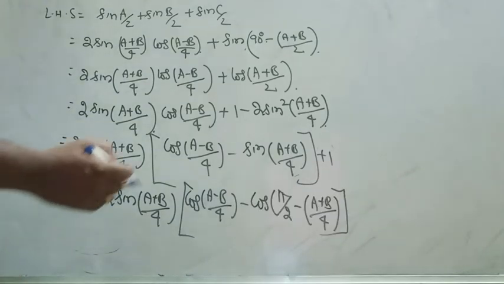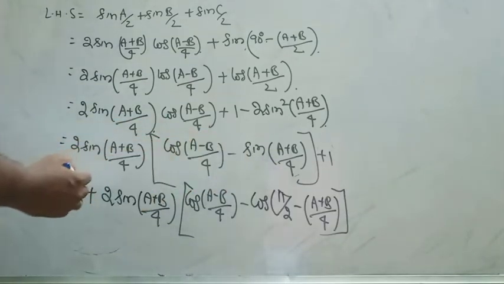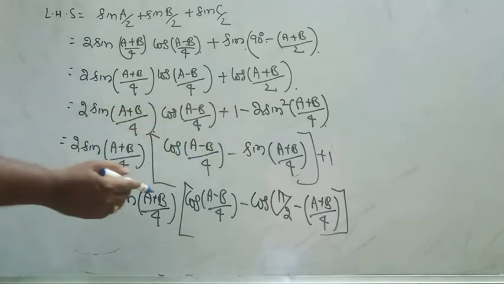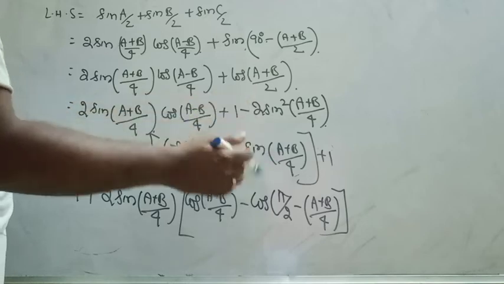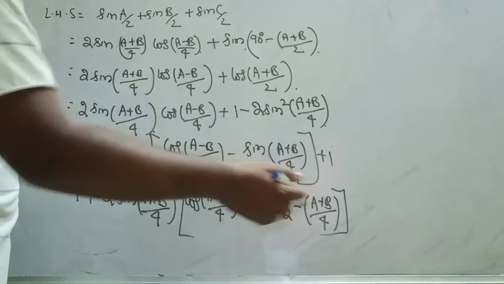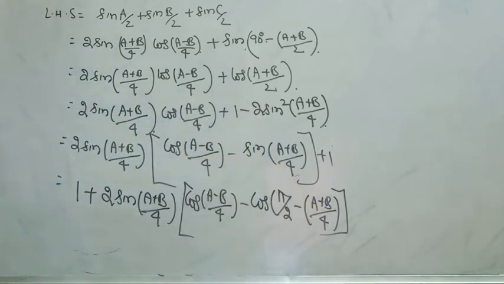Now what we did is take 1 plus 2 sin((A+B)/4) cos((A−B)/4), and this sine we converted into cos, just cos(90° − θ), cos(π/2 − (A+B)/4). Now if we do our problem, we will be getting everything, my dear students, right?